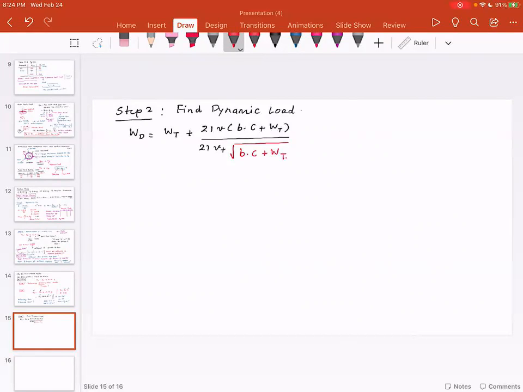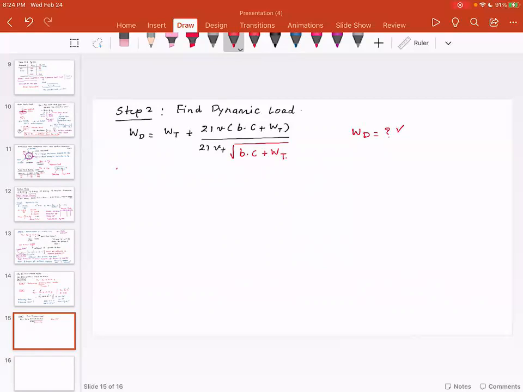And clearly we will have to find out the values of V, which we know, pi d n by 60, and the value of B and the value of C from the tables that we referred to earlier. So that is something that we need to do. And from this step, everything is known, so we can find out the value of WD.